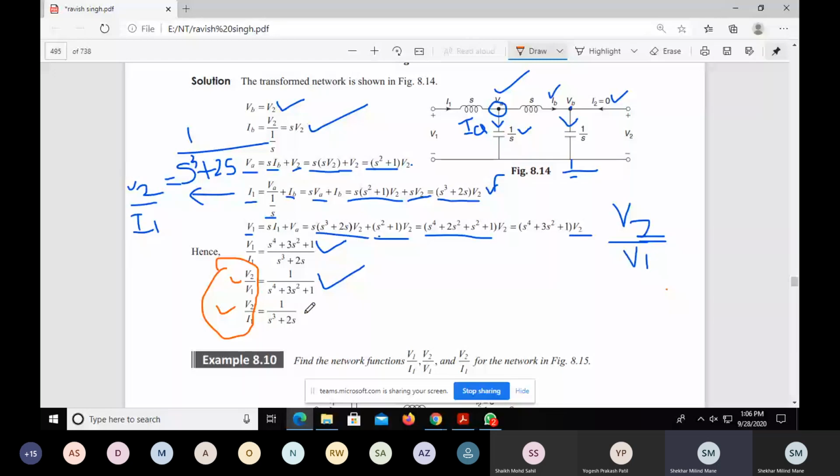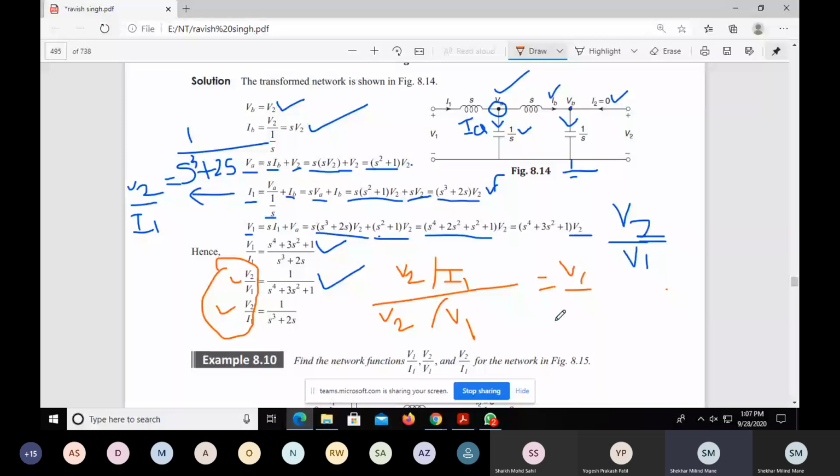Take the ratio of V2 upon I1 upon V2 upon V1. So this V1 will go up, V2 gets cancelled, and I1 will be in the denominator.